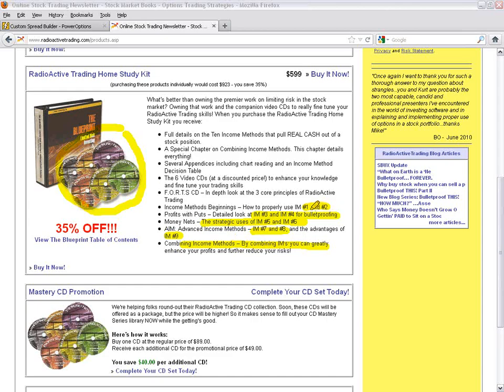Everything here, the discussion of 1 and 2, 3 and 4, 5 and 6, all that's contained in these Mastery Series CDs is also taught in the blueprint. There are a few different examples in the CDs, and some more recent examples. But everything you need is in the blueprint, but if you learn better by watching a video presentation, that's the way you want to go, the home study kit.